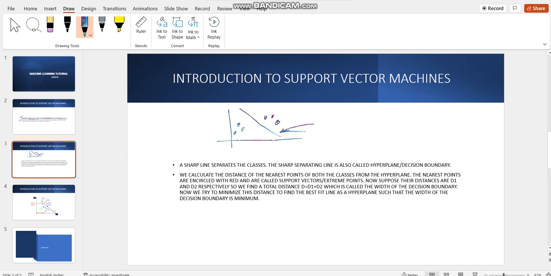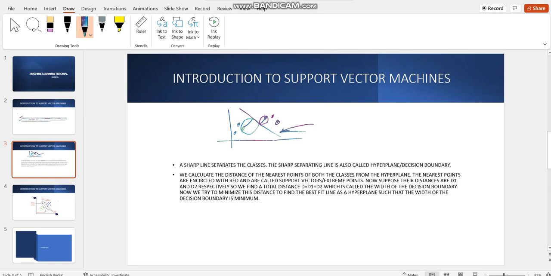Suppose this point is nearest to the hyperplane, so we calculate the distance between them, and suppose this other point is nearest as well, so we calculate that distance too.